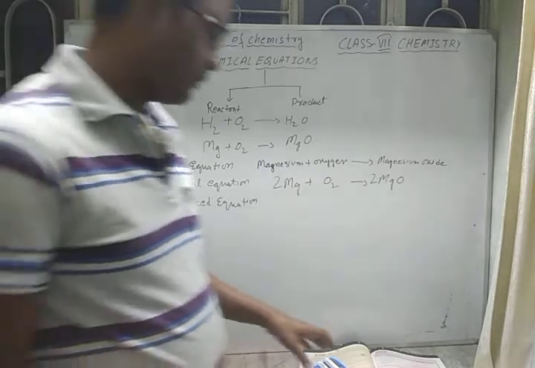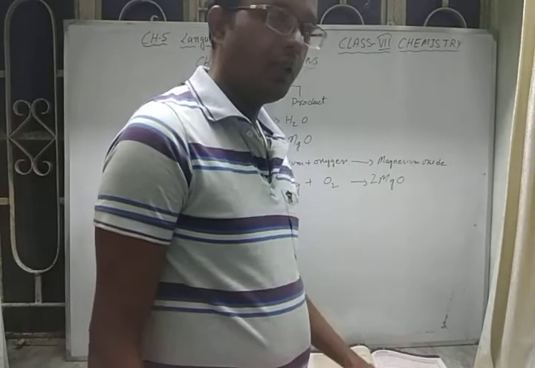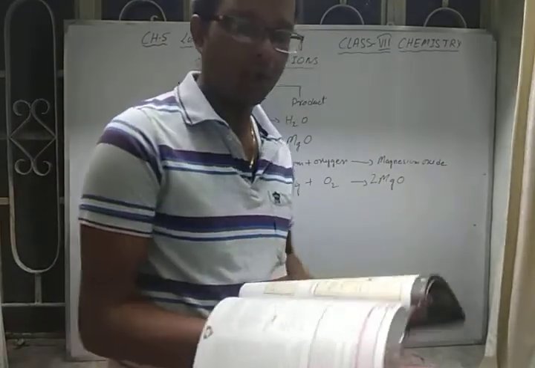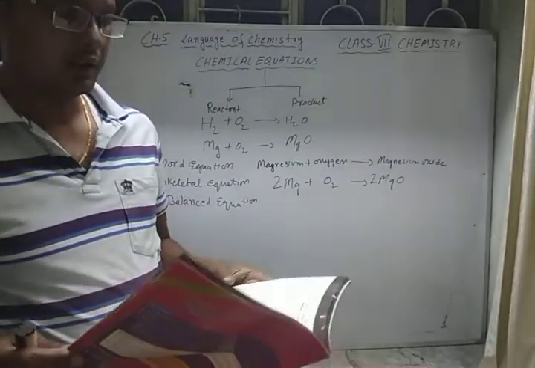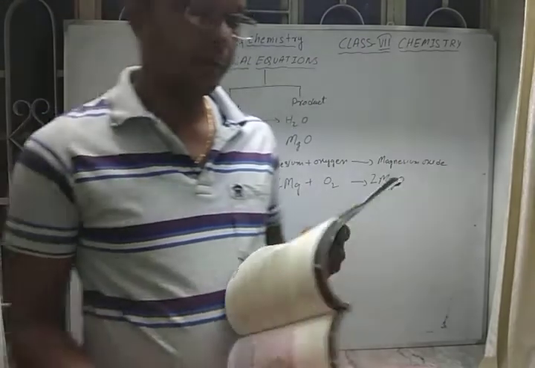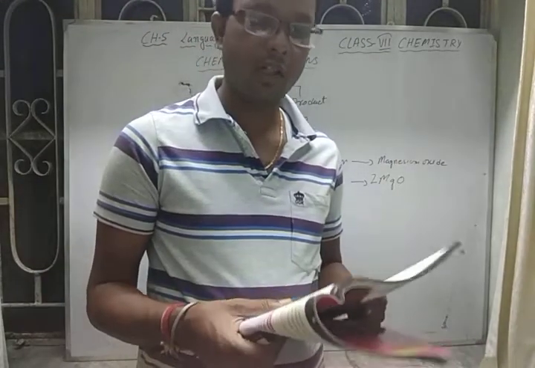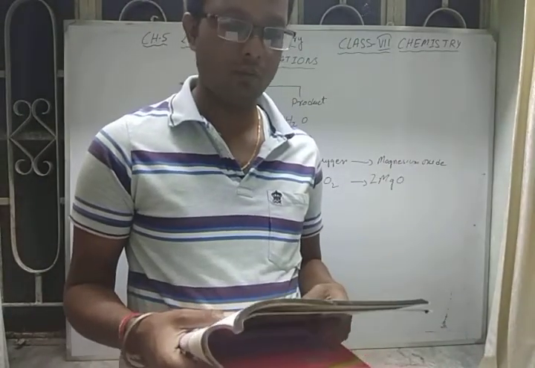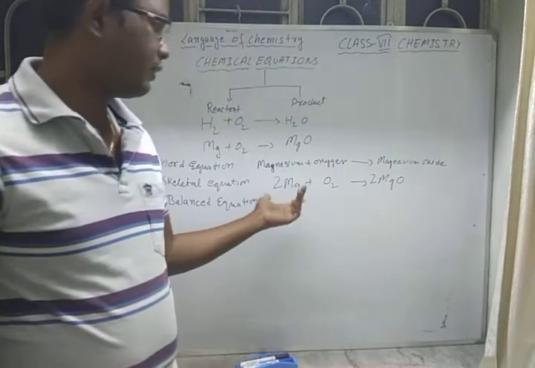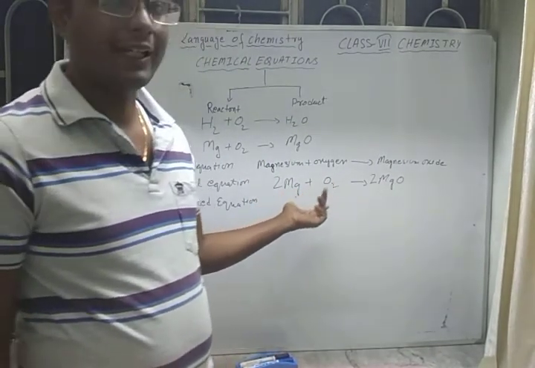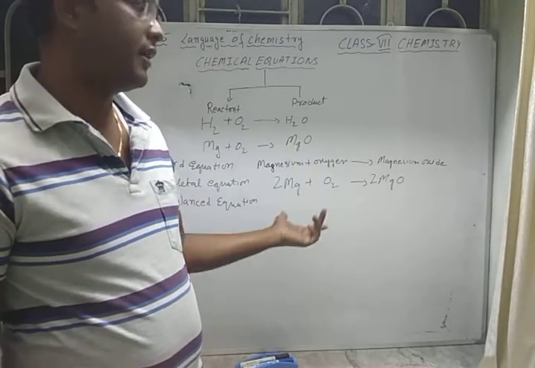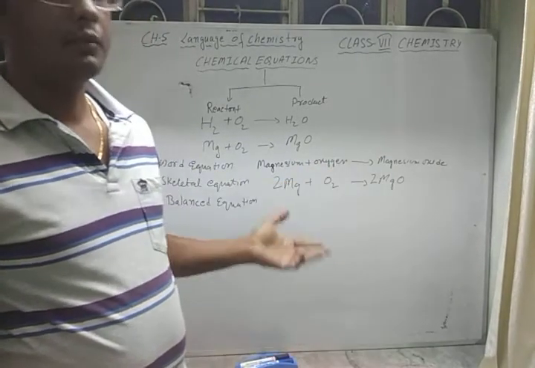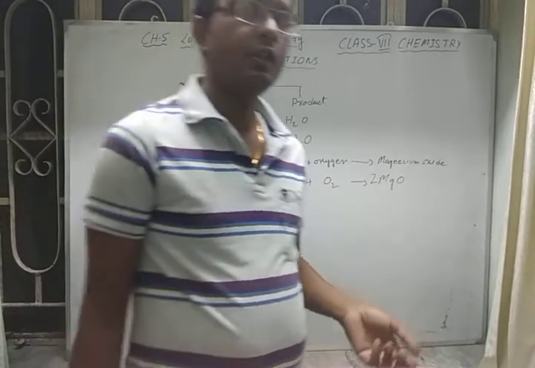So I hope you have understood the chemical equation and how to write chemical equations. But before writing, again I will say, while writing a chemical equation, we always need to know how to write chemical formulas, because you will not always be writing equations with simple elements and a single compound. Some complicated compounds will also come.